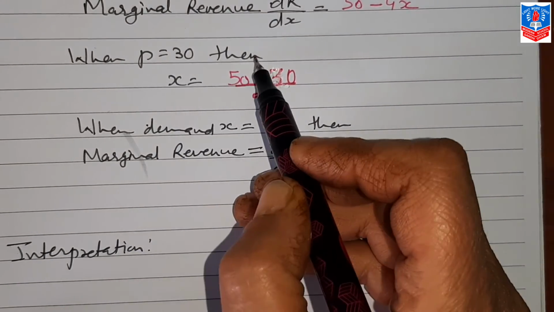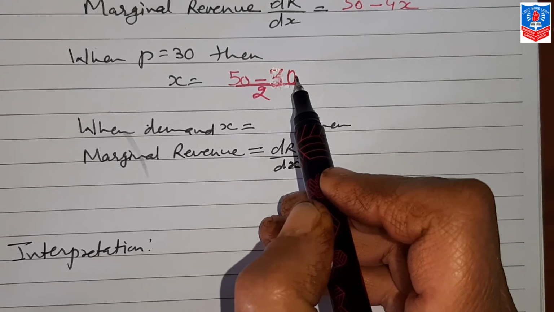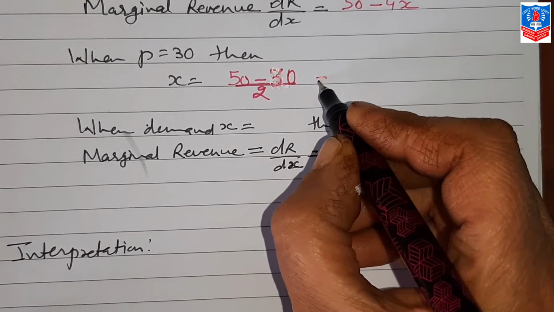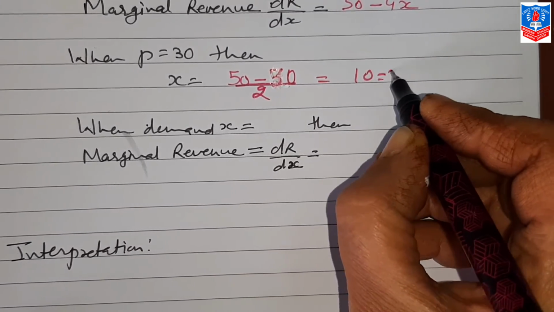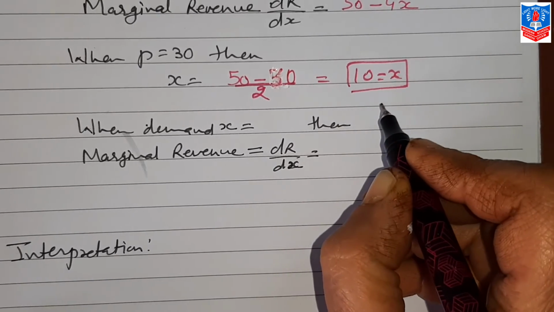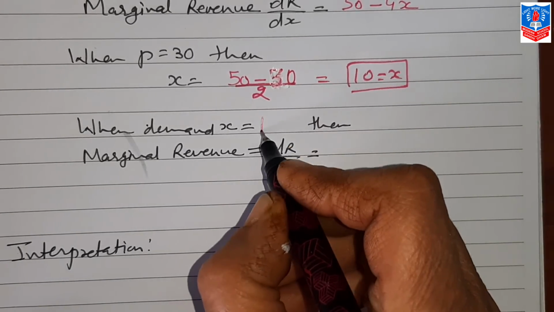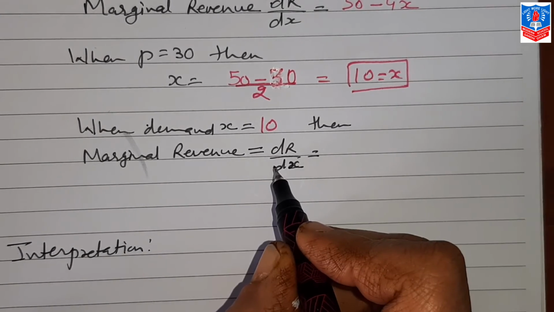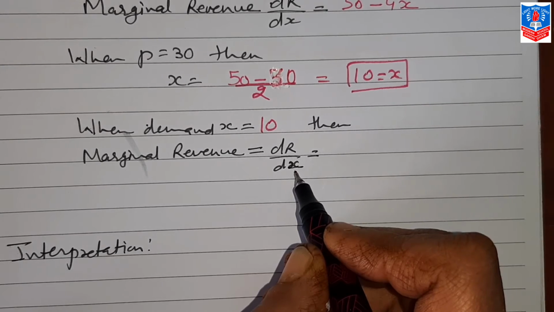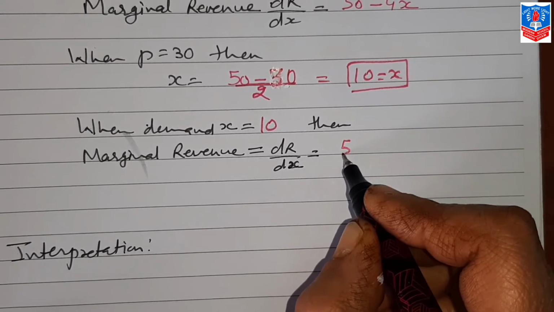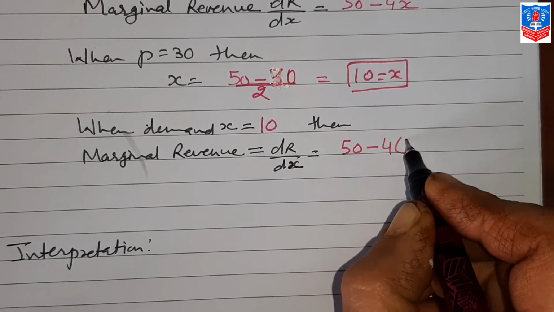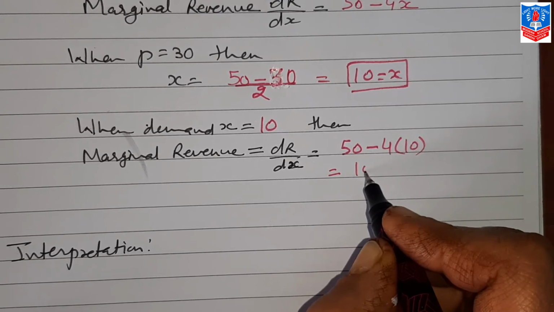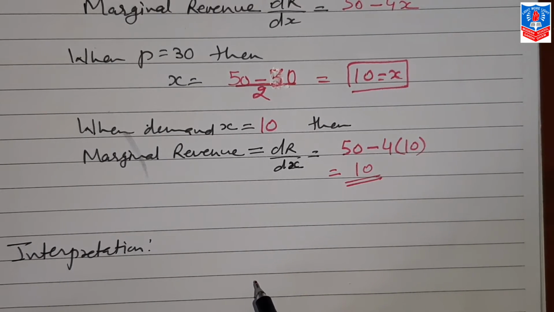When P is 30, in that case X will be 50 minus 30 by 2, so this will be 10 only. So the value of X is 10. When demand X is 10, the marginal revenue dR upon dX is equal to 50 minus 4 into 10, that will be 50 minus 40, that is 10 only.